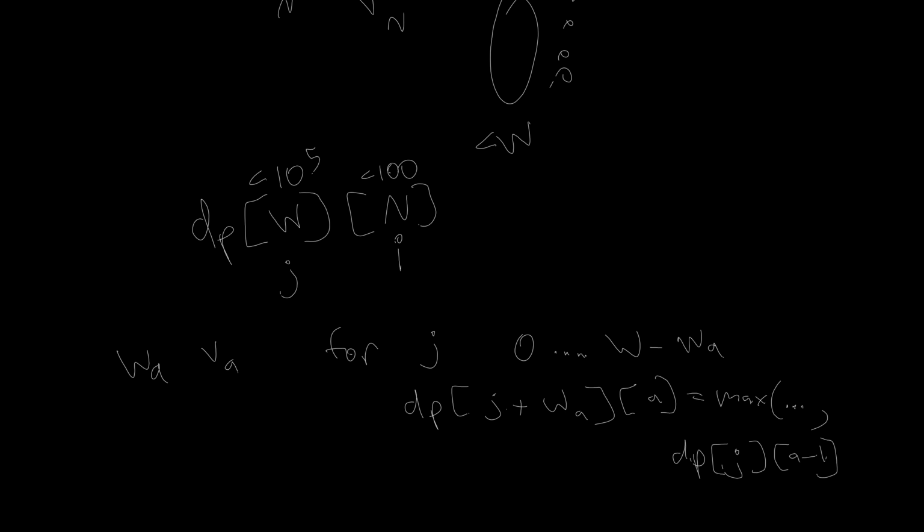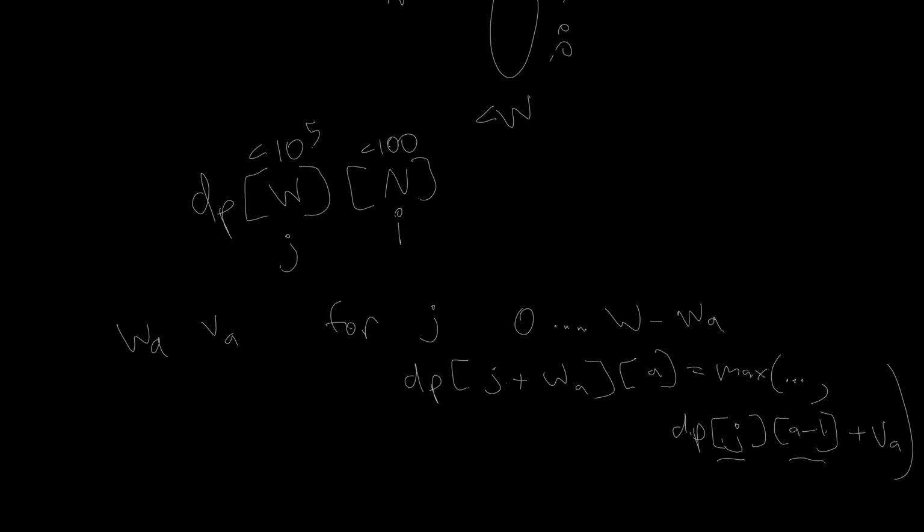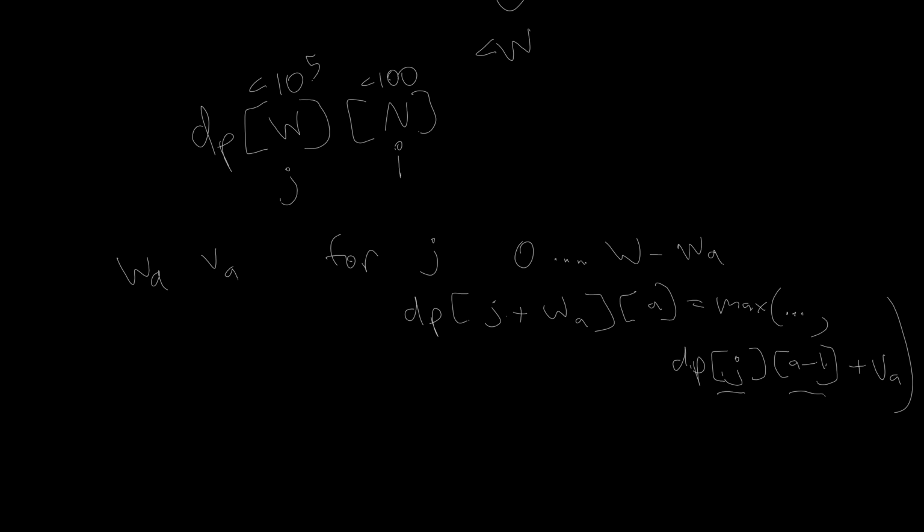Because we're saying, if you take this weight and only consider up to the last item, I want to add my new value to that set. And then we take the maximum against whatever other combination. And then our final answer is just dp of W and n, okay?